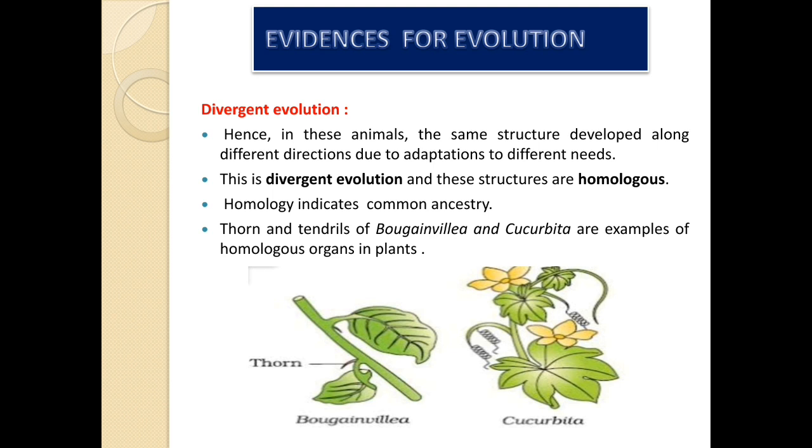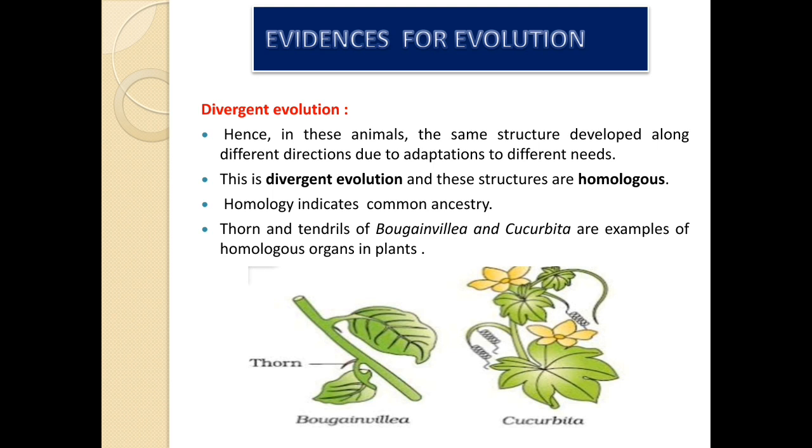Yes or no? So these are examples of plants that show homologous organs. I hope that you have understood. So homologous organ means what? Their origin is the same. With this plant example, I think the doubt is clear: the thorn arises from where? It comes out from the stem. Similarly, the tendrils also come out from the stem.